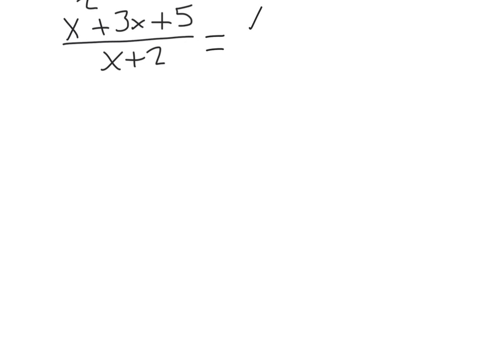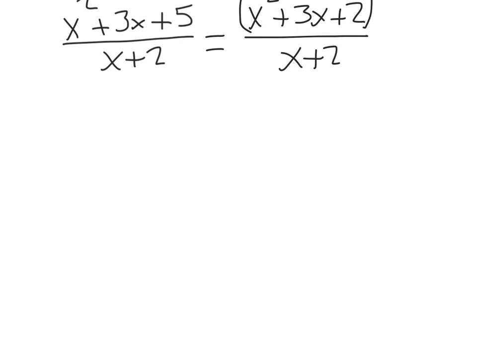If I write the problem down, this is really x squared plus 3x plus 2 again, all over the x plus 2. This is what we just did on the previous page, except it's not identical. What's the difference? This part right here is now a 5. So in order for it to be the exact same problem, I'll put a plus 3 there. Now the 2 sides are identical.